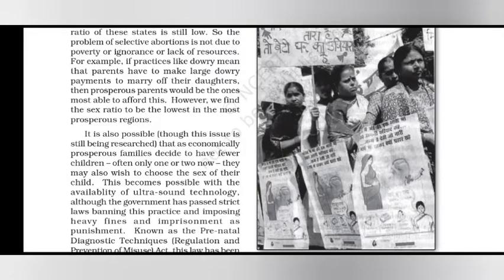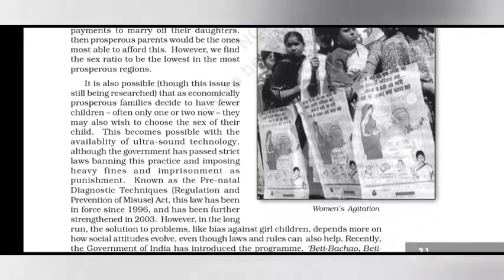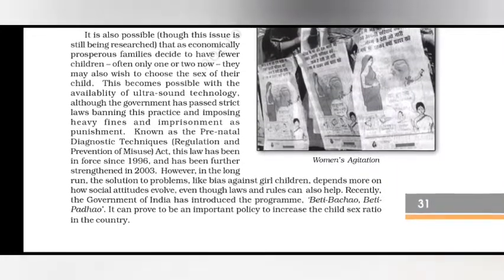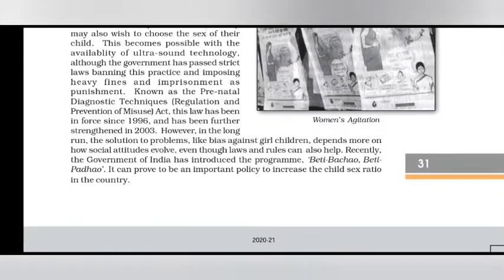However, we find the sex ratio to be lowest in the most prosperous regions. It is also possible that as economically prosperous families decide to have fewer children, often only one or two now, they may also wish to choose the sex of their child. This becomes possible with ultrasound technology.